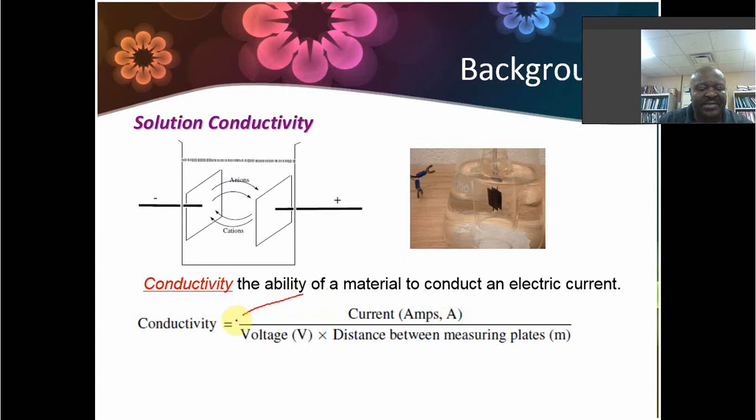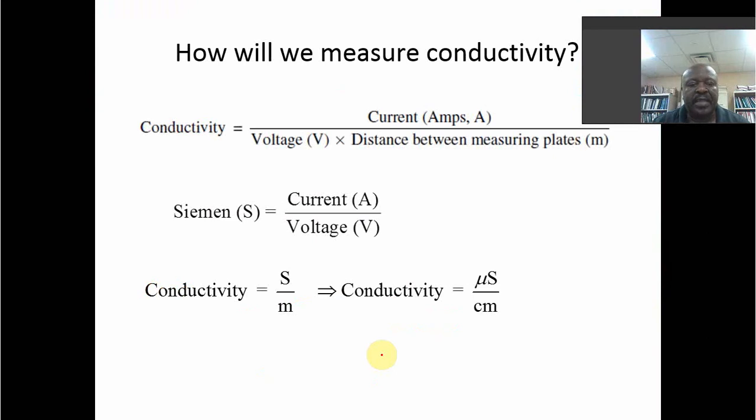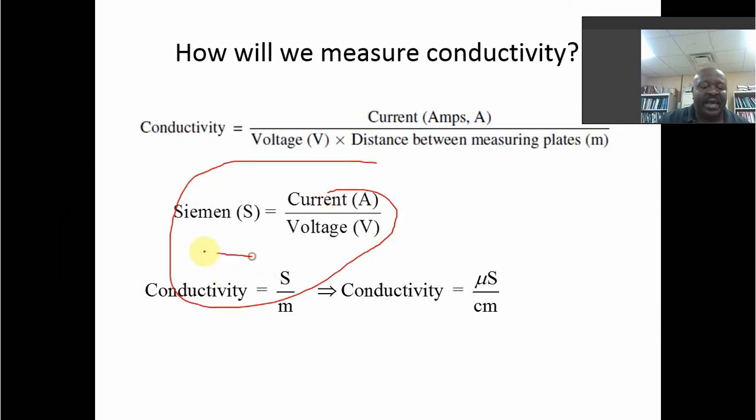Somebody who came before us thought about this seriously and called this term, current over voltage, Siemens, represented by S. So conductivity is Siemens per meter. There it is, the SI unit for conductivity. That happens to be a big unit. It's like counting my little income in billions.